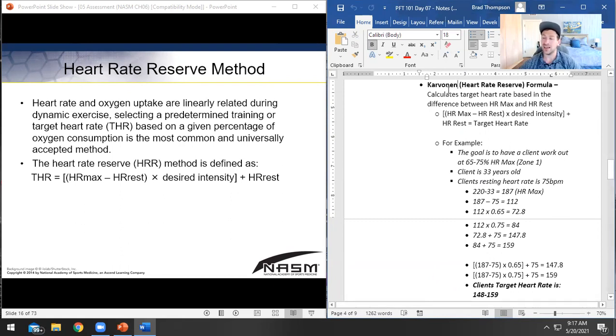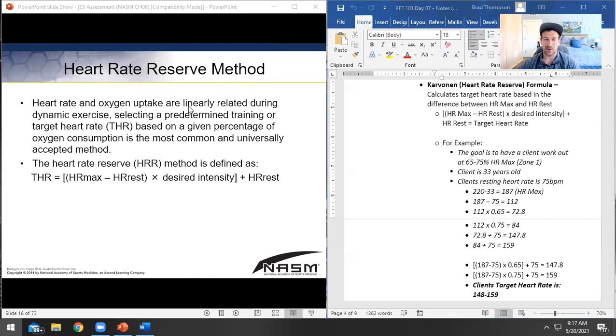And so what the Karvonen Formula is, it's going to calculate your target heart rate based on the difference between your max heart rate, which is just your age, and your resting heart rate, which is like how well your heart is performing, right? We take a heart rate max and we subtract our heart rate rest from that number.